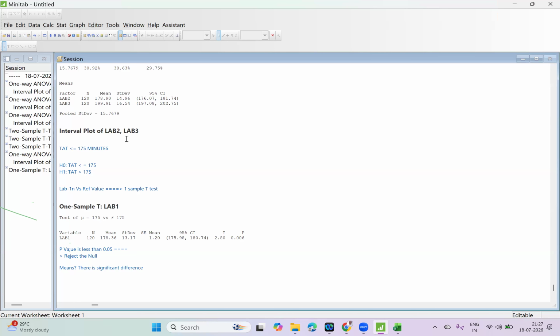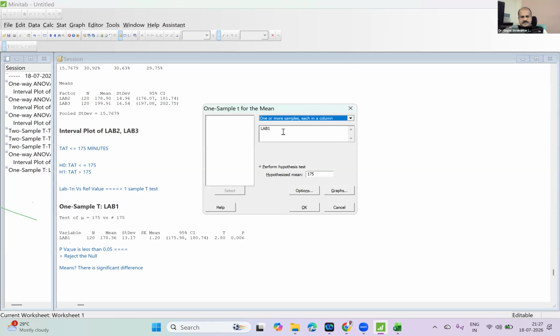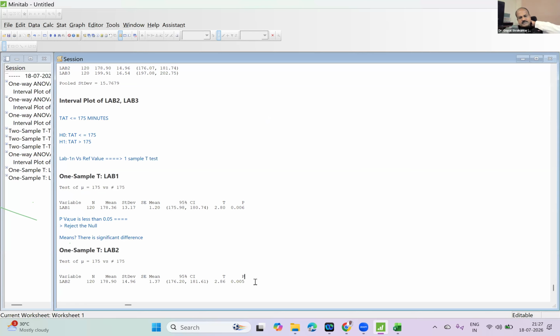Yes, understood. Now we can do it for lab 2 also. Stat, basic stat, one sample T, but this time instead of 1, we try with 2. Again, this time the p-value is less than 0.05. Here also the mean is 178, so 2 is also not eligible.